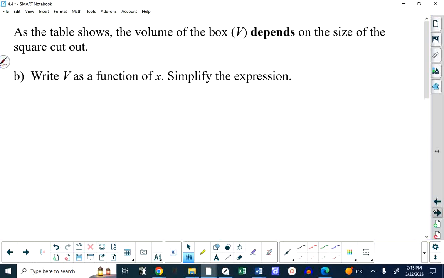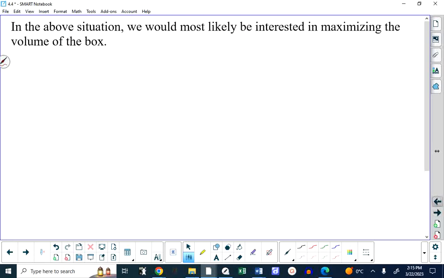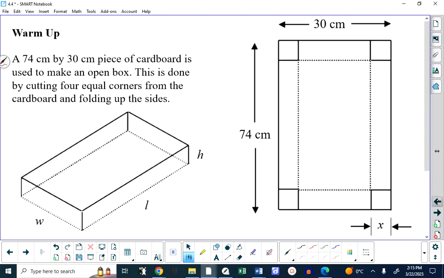Going back to this diagram, we've done this before, but I hope you understand that this distance here, which is the width of the box, is this distance before everything is folded up. And that distance on the right-hand diagram is 30 minus 2x. It's minus x minus x.